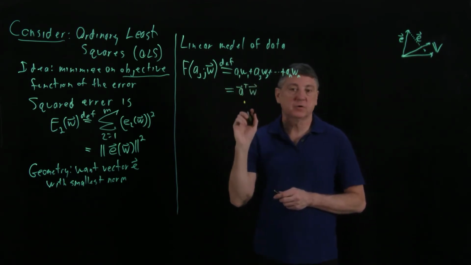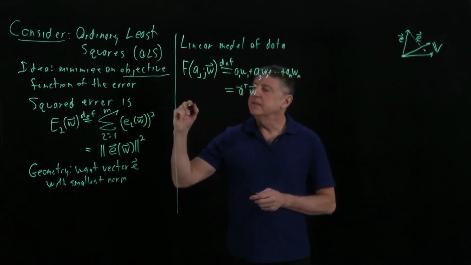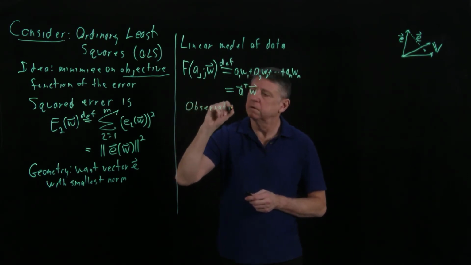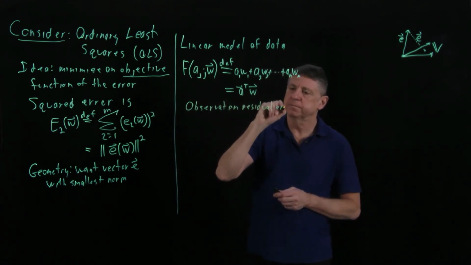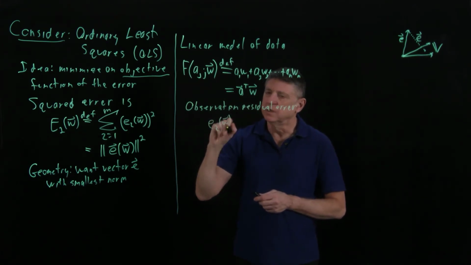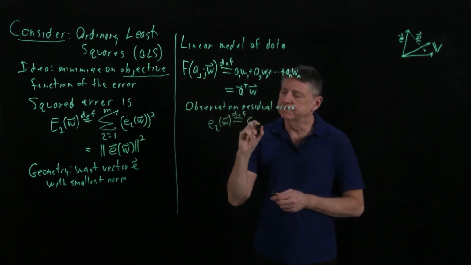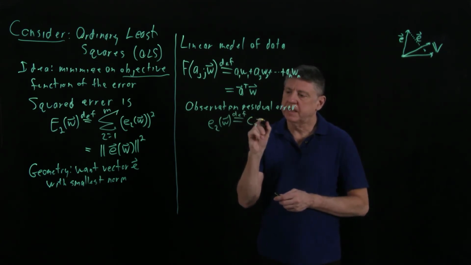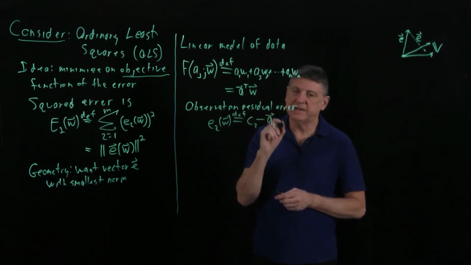So if we have a linear model, for each observation we have the residual error. We'll say that e_i of W is defined as the difference between the ith dependent value and the model of the ith observation.